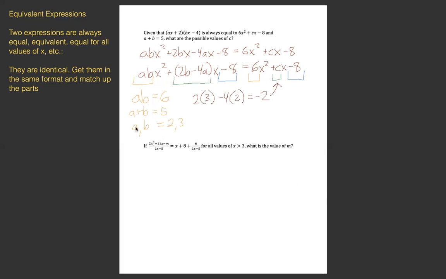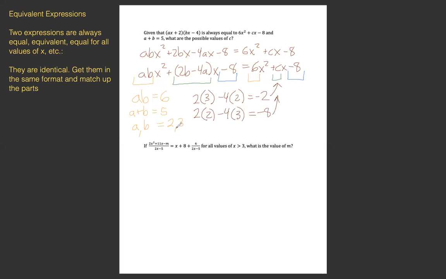The other possibility is that these are backwards, that a is 3 and b is 2. And we have no way to know which is which. So the other possibility here is that b is 2, a is 3, so 4 minus 12 is negative 8. And those are both possible values of c, just because there's that ambiguity about which one of these is which.